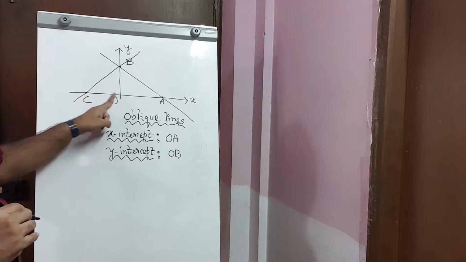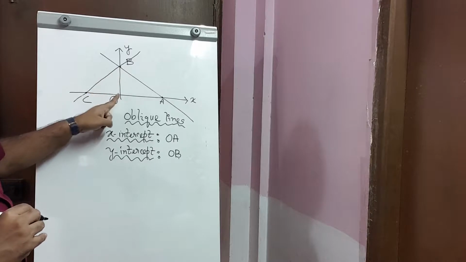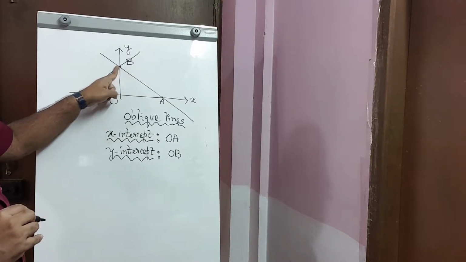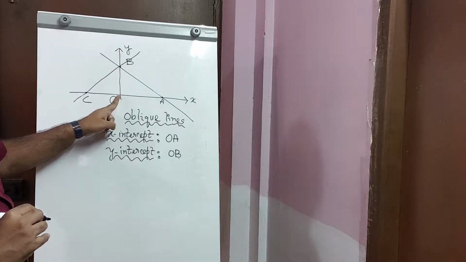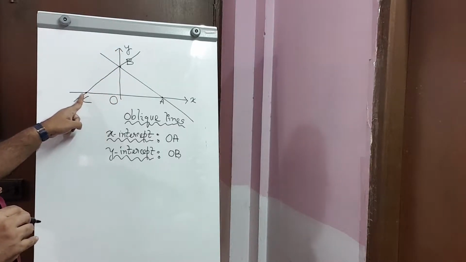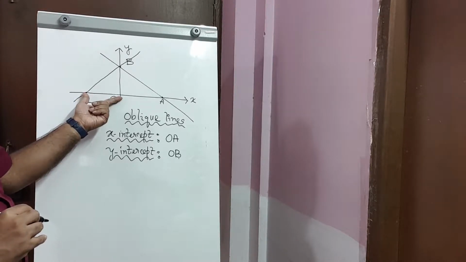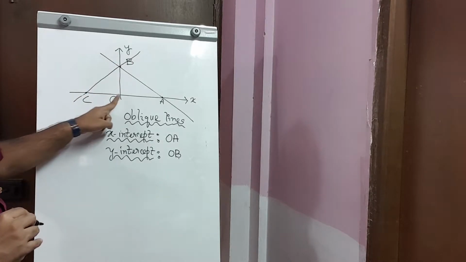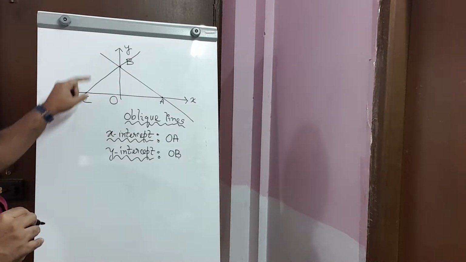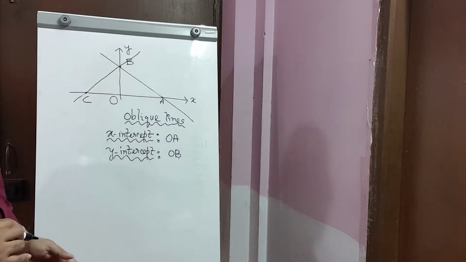So this is the negative direction of the x-axis, whereas it intersects the y-axis in the positive direction above the origin. In this case, the x-intercept OC is associated with a minus sign because the line intersects the x-axis in the negative direction, whereas the y-intercept OB is associated with a positive sign.